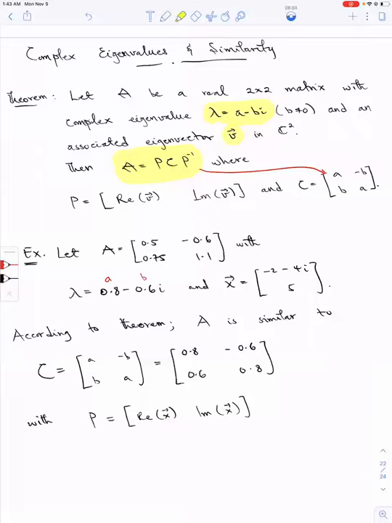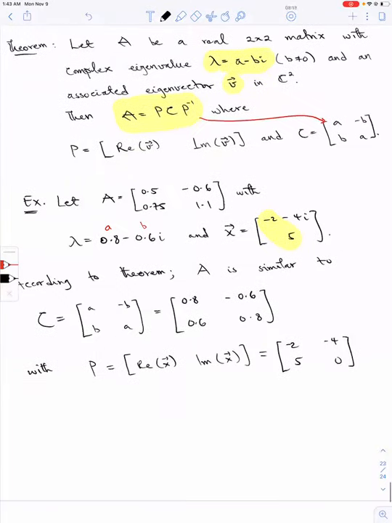Now with my x, the real part of x is going to be -2 and 5, and the imaginary part is -4 and 0. So P is [-2, -4; 5, 0]. So check. When you multiply, check, is C really equal to P inverse A P?